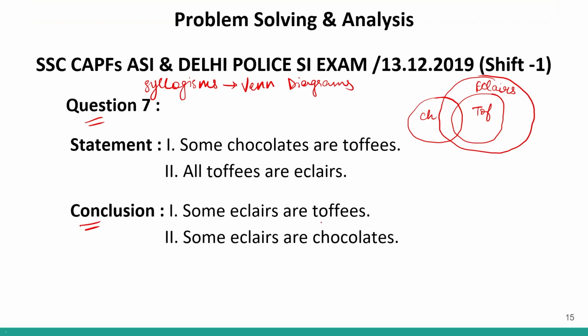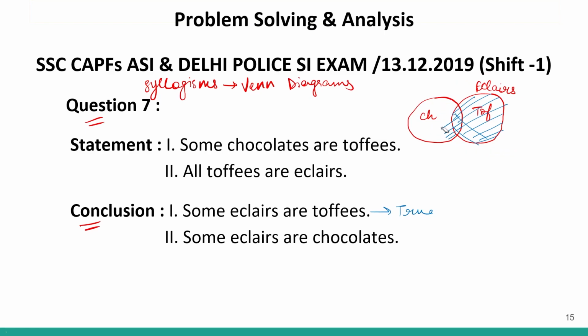Now, conclusion number 1. Some eclairs are toffees. Here you can see, if you look at this part, this is some eclairs which are toffee. So this is true, correct. Now, some eclairs are chocolate.